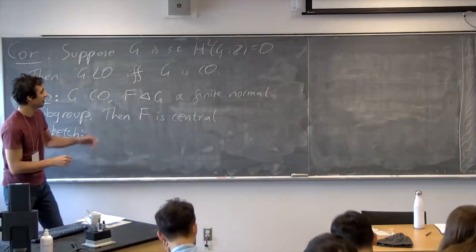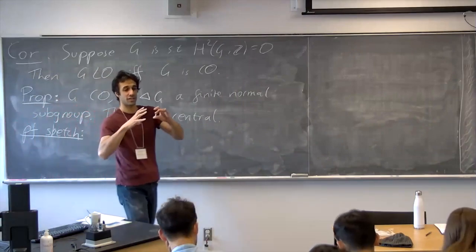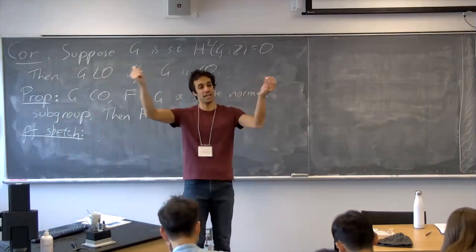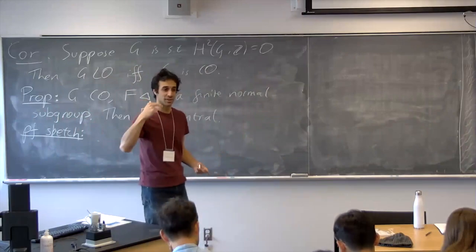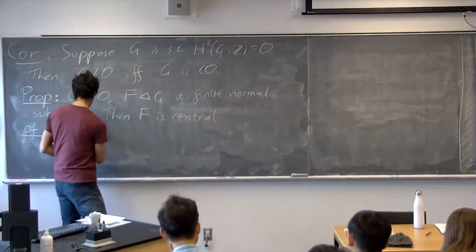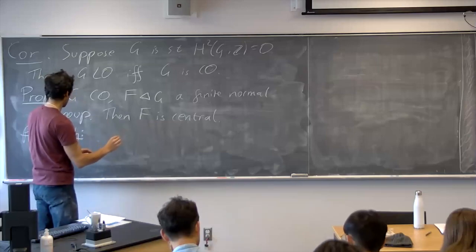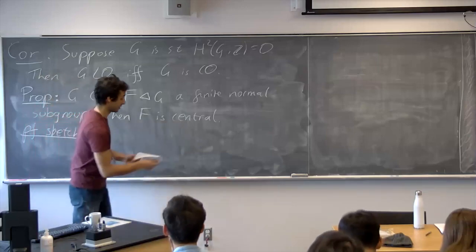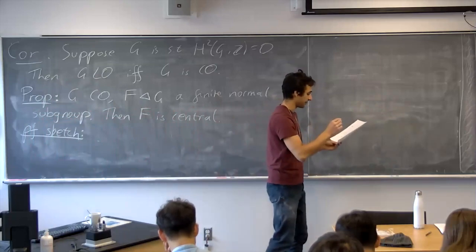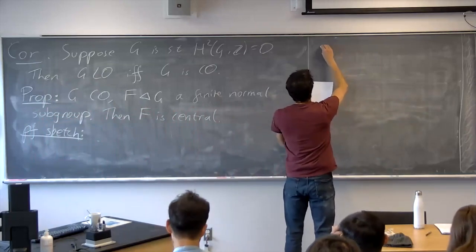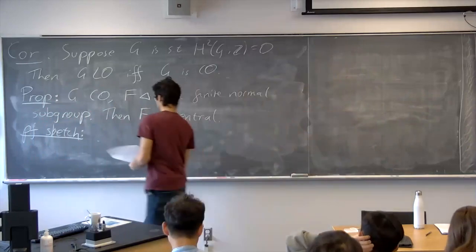What's the idea? You restrict your central extension to F. So when you unwrap F, you've got some sort of central extension of F. Let's consider, let me write the short exact sequence here.